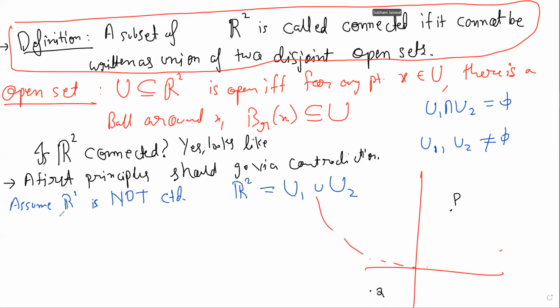That is in the definition, right? So P is in U1 and Q is in U2. Okay. So this is U1, this is U2.